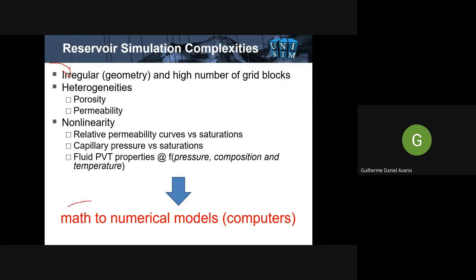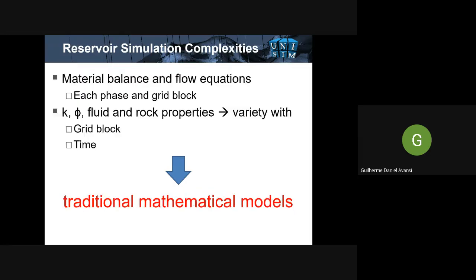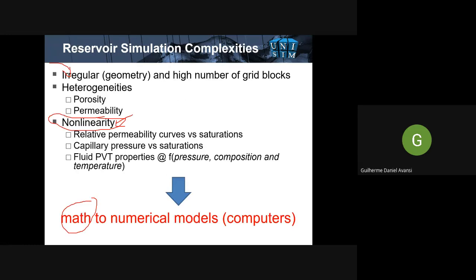So now we move from the mathematical formulation to numerical models because we are talking about non-linearity here, okay? So when we move to this complexity, we need to use the reservoir simulation in order to solve all the equations numerically because we are talking about non-linearity. We cannot solve just using traditional mathematical models because the complexity increases.